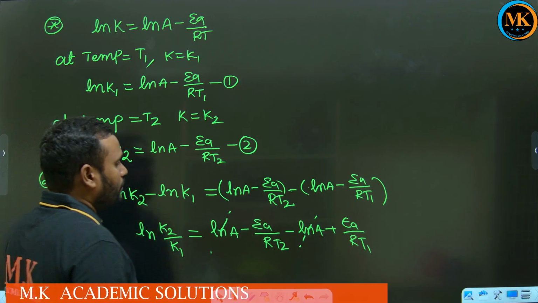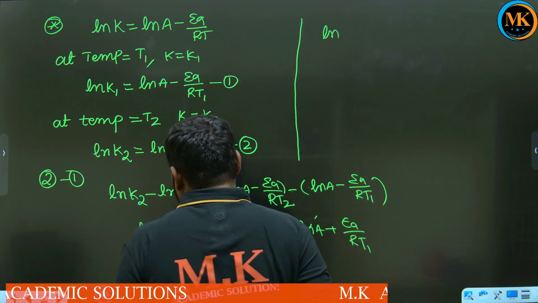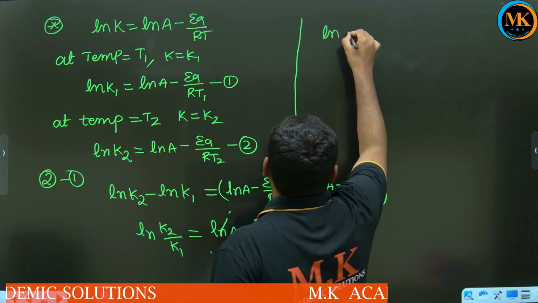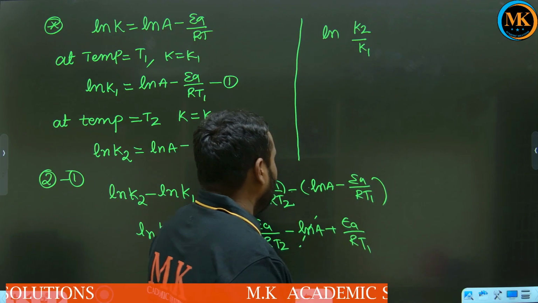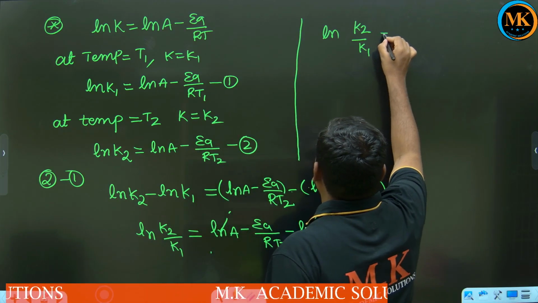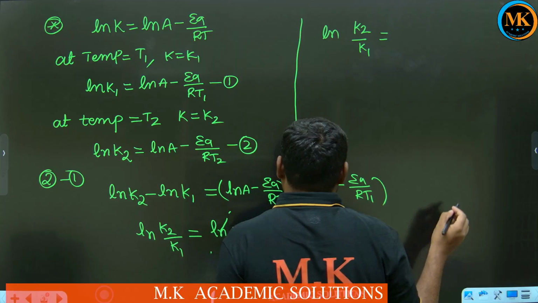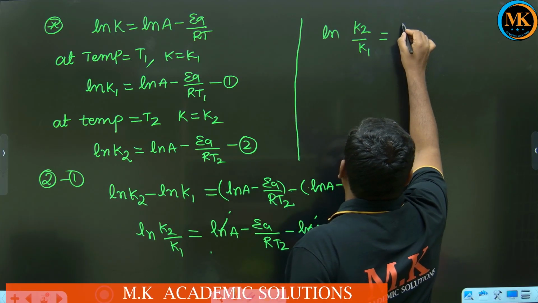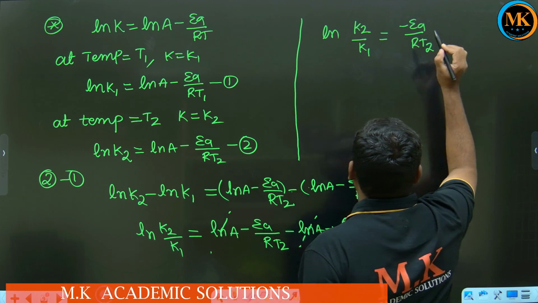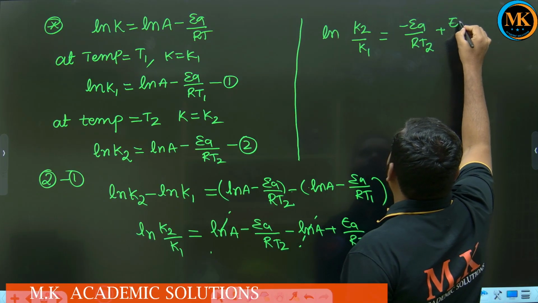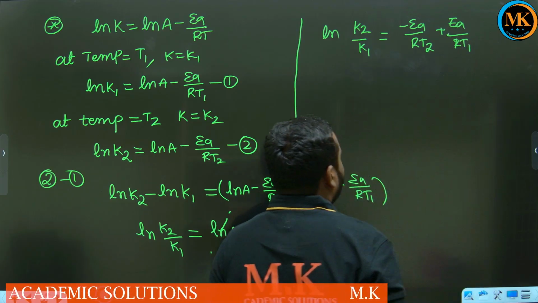So what can we write this equation as, children? ln K2 by K1 equals, first you write the plus term, then the minus term: EA by RT1 minus EA by RT2.